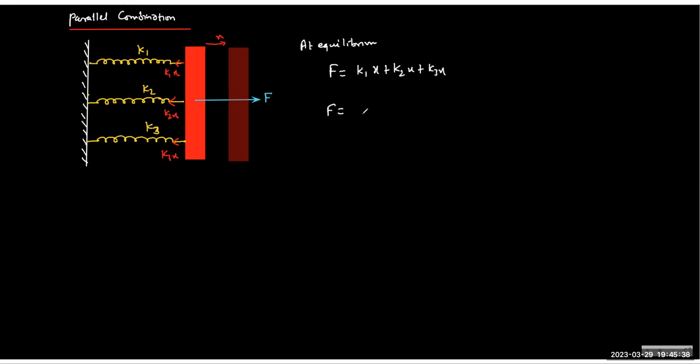But what we say is all springs will suffer equal deformation. Okay, so F equals (K1 plus K2 plus K3) into X.